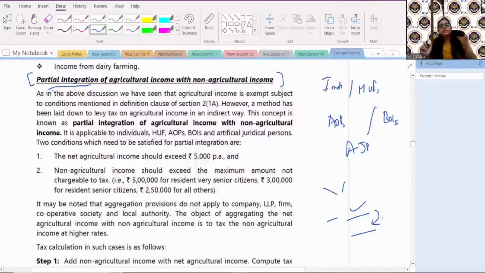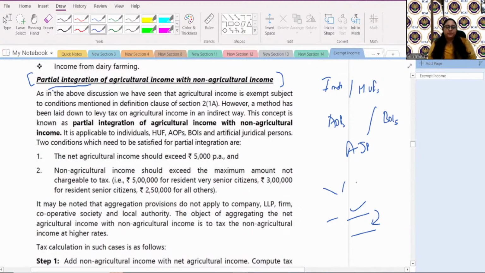First they are saying take the tax on one and two both, then remove the tax from one, and ultimately it is taxing only on two. But actually, in a way, you are taking a higher tax from such people because they have slab benefits. For companies, LLPs, firms, cooperative societies or local authorities, there is no partial integration. This is only for individuals, HUF, AOP, BOIs, and artificial juridical persons. Why? Because they have slab benefits.